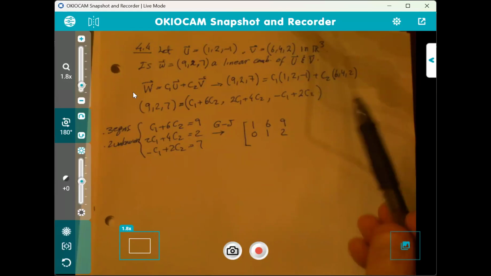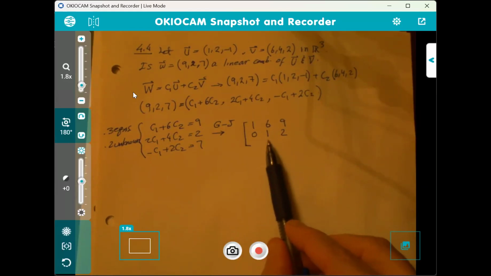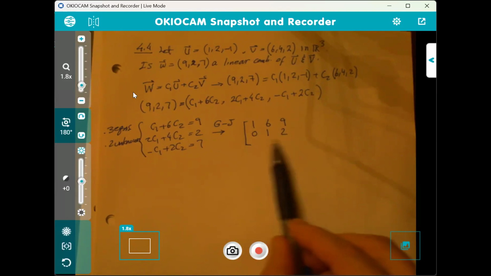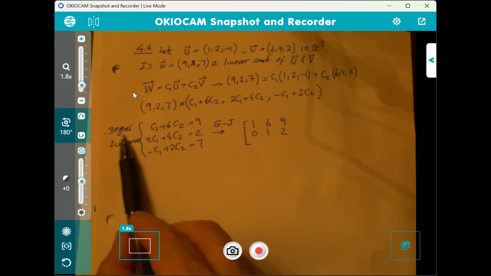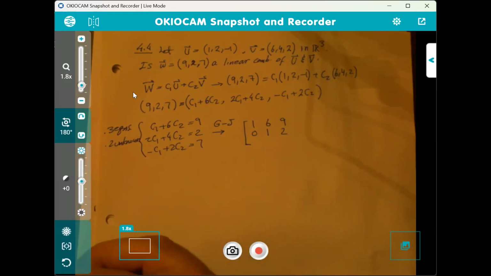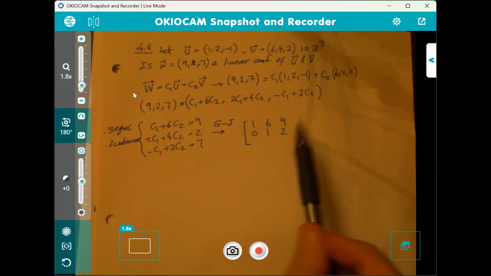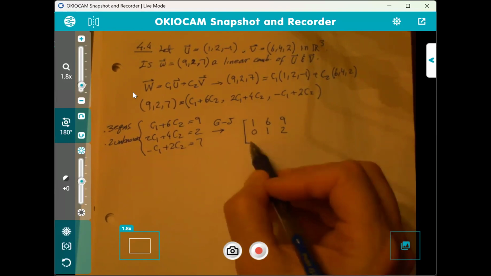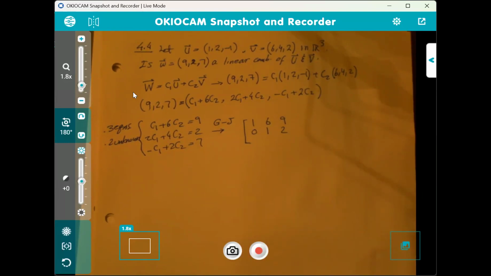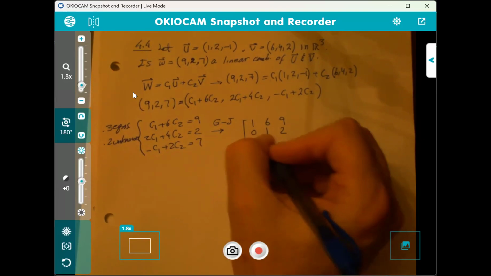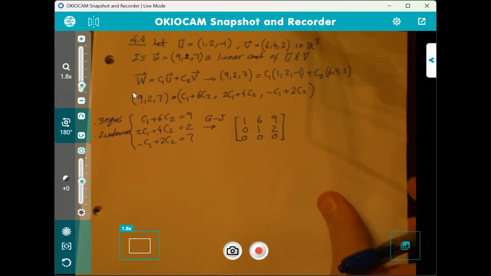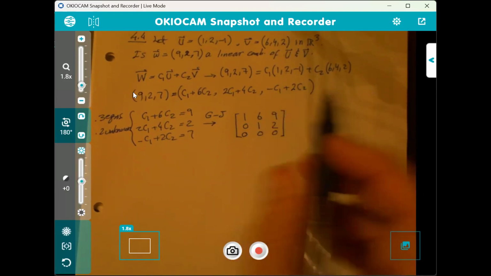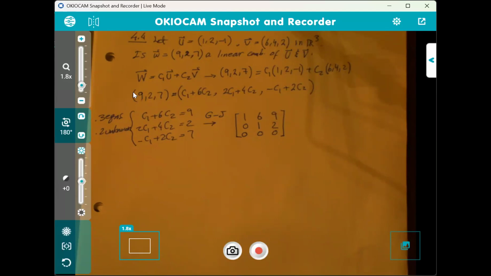Remember, we only have 2 unknowns, but I have too many equations. I really need only 2, and I got the 2. So what do you think this should be? Would it be just all zeros? You got it. It's all zeros. So that tells us that one of the equations is redundant.